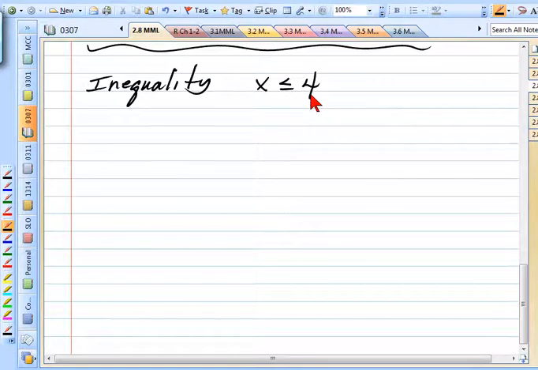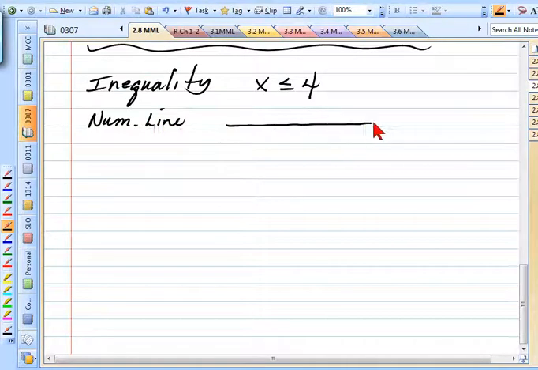What would that look like on a number line? Okay, what number do I need to write down? I need to have a 4. Will the solution set be to the left of 4 or the right of 4? Left, because it says less than. Will it include 4? Yes, and what symbol do I use? Bracket.